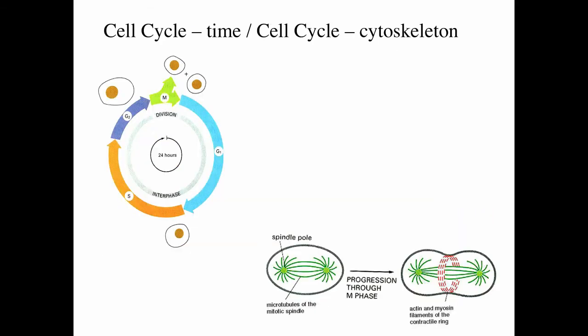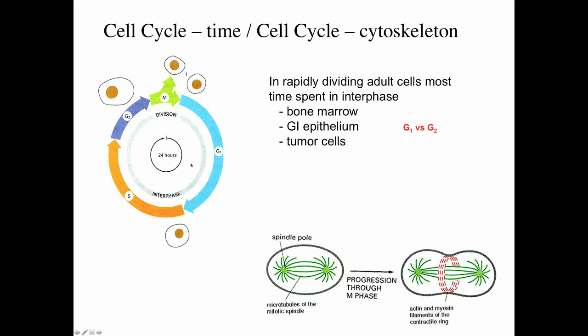This again is a simplified overview of cell cycle time, and we sometimes in our mind's eye think of the cell cycle as a 24-hour time frame. That may or may not be accurate, but we can just kind of make a point: in rapidly dividing adult cells, most time is spent in interphase. So for example, through G1, S, and G2. And rapidly dividing cells like the bone marrow, cells in the GI epithelium, or tumor cells spend most of their time in interphase.